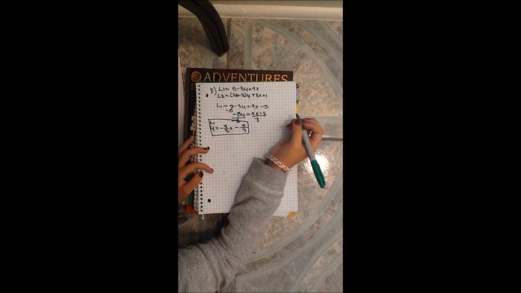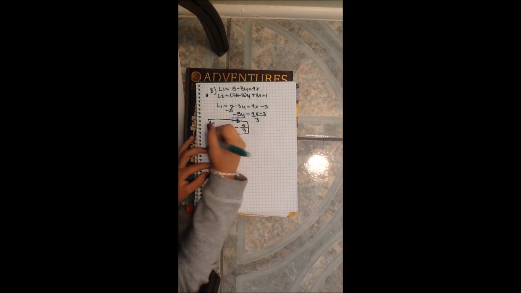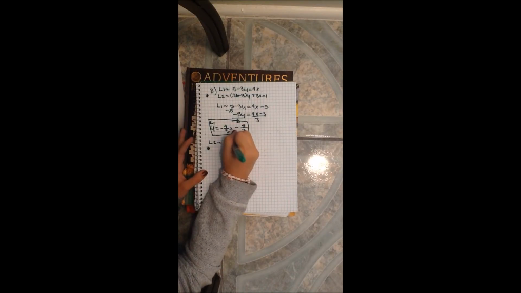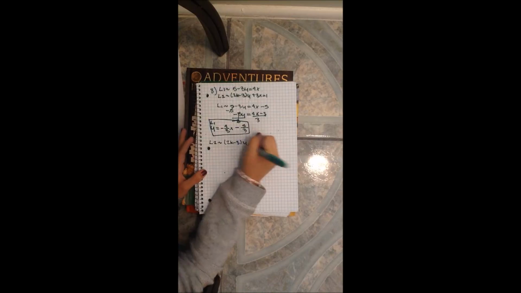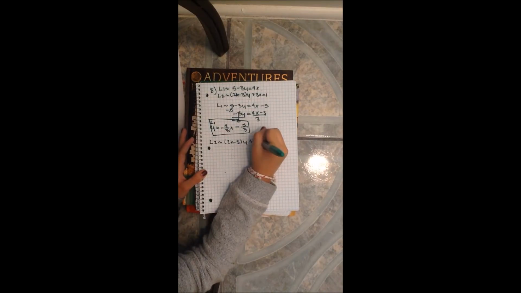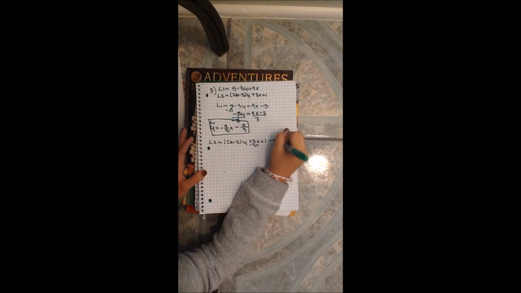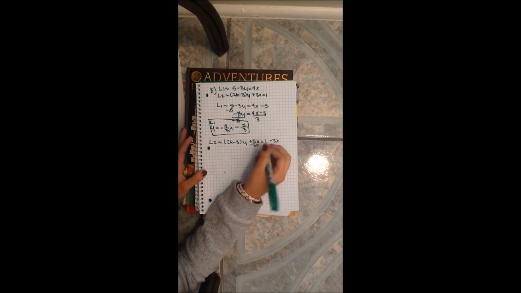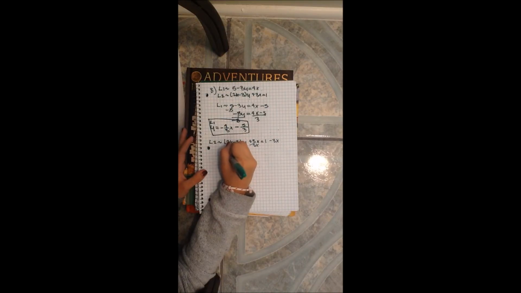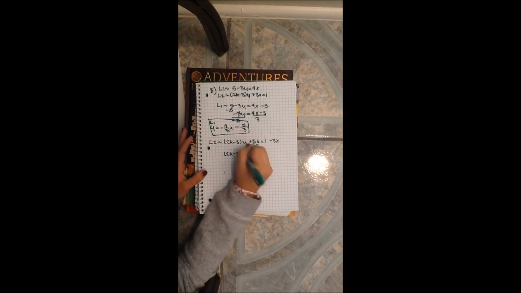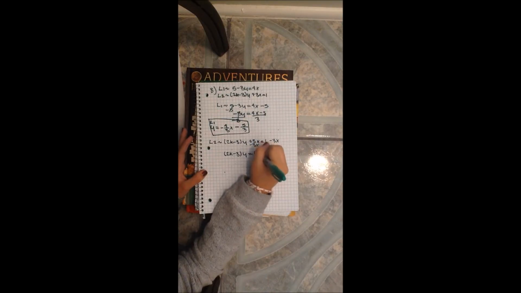Now I have to simplify line number 2. So line 2 is (2k minus 3) times y plus 3x equals 1. And so you first have to get rid of your 3x, so minus 3x, move it to the other side. So it would be (2k minus 3) times y equals 1 minus 3x.